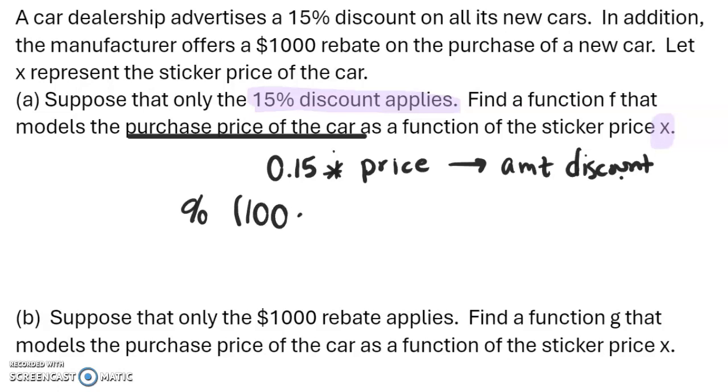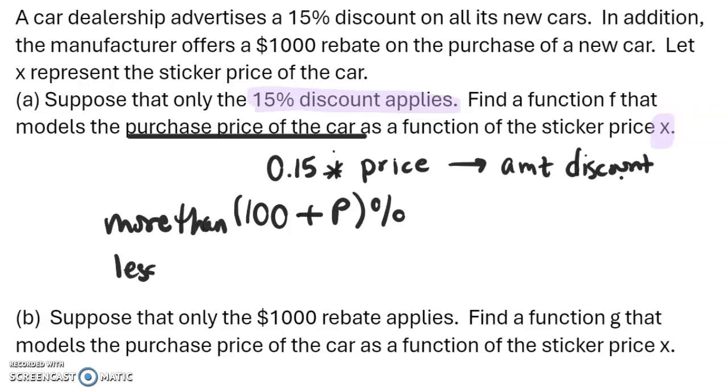If you are adding a percentage, it would be 100 plus p. Or if you're talking about something that would be more than, it would be 100 plus p. But if you're talking about something that would be less than the price, then you would use 100 minus p.